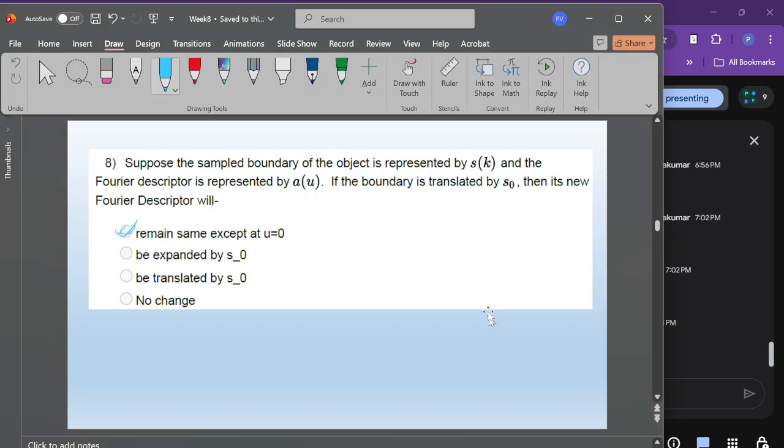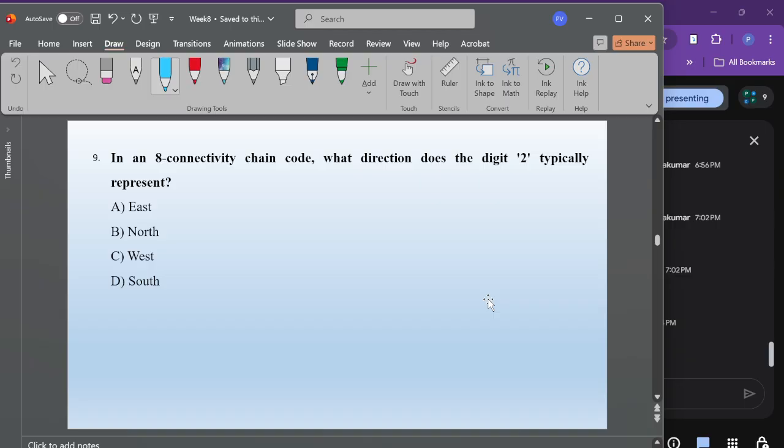So now moving to our next question. The next question is, in the 8-connectivity chain code, what direction does the digit 2 typically represent? Option A is east, option B is north, option C is west, and option D is south.